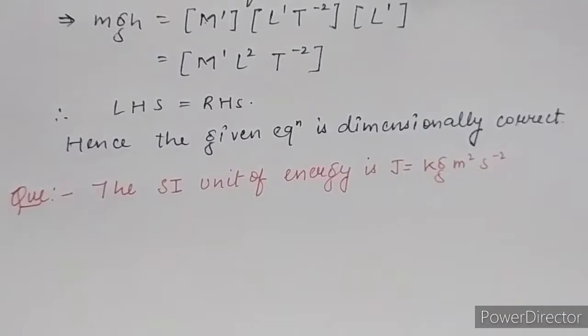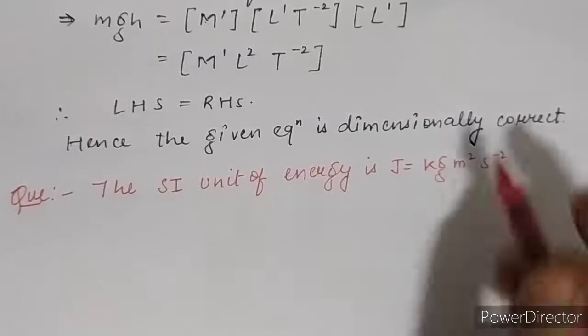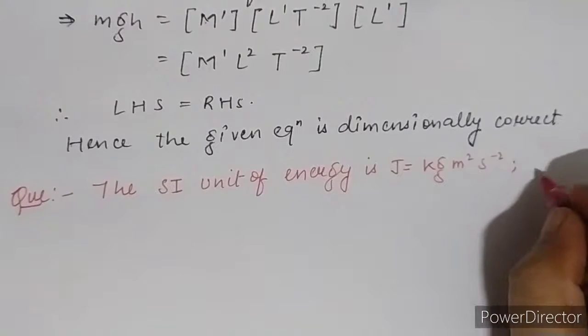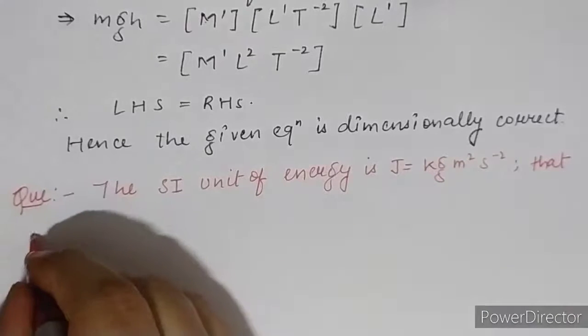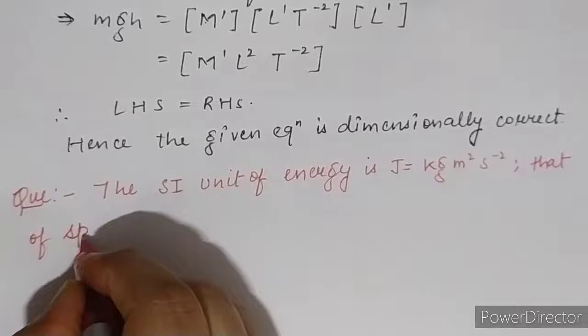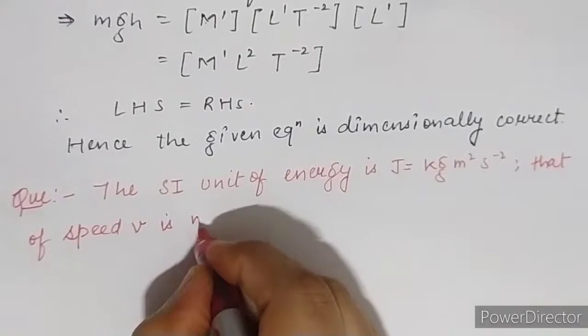You know, beta, force into displacement: force is kg meter per second square, into displacement, it becomes meter square. M1 L2 T minus 2. That of speed v is meter per second.